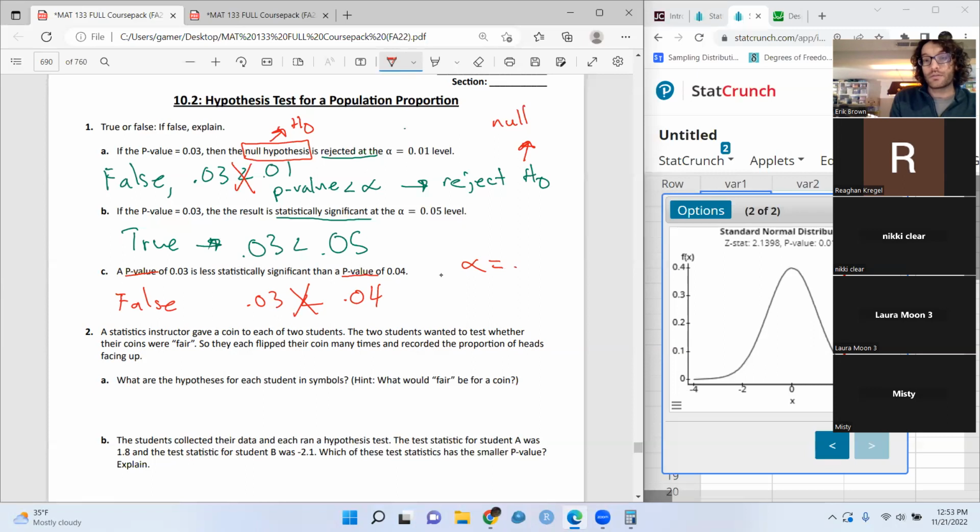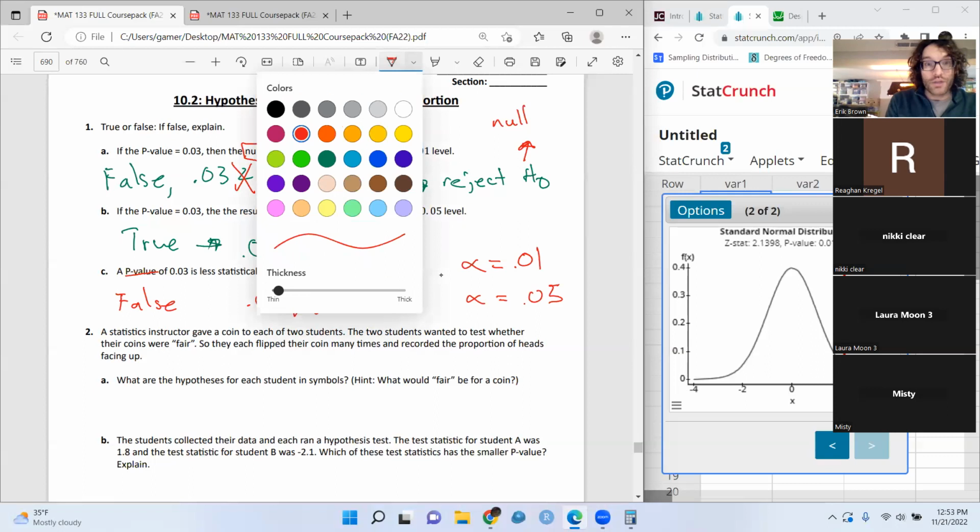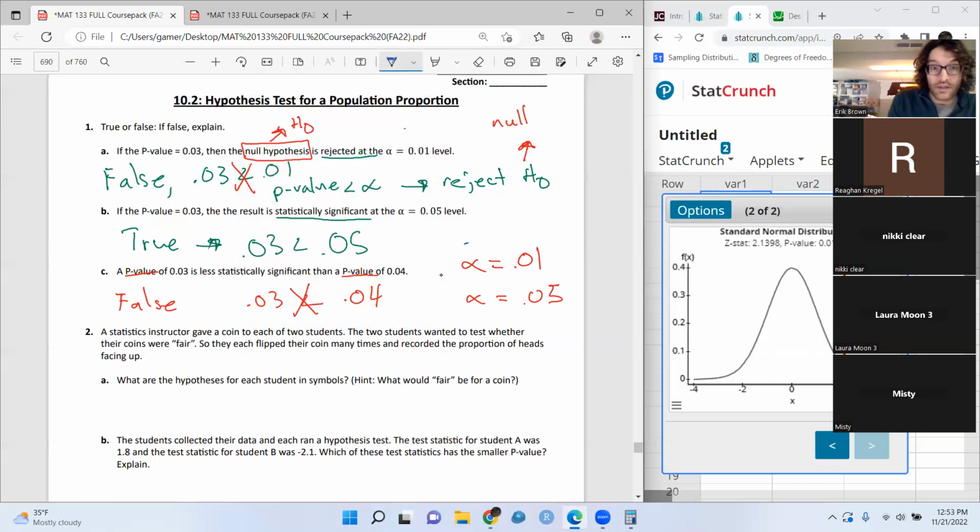Like if alpha was equal to 0.01, neither of them are significant, right? Both of them would fail to reject H0. If alpha is 0.05, then they're both statistically significant. What we're being asked here is which one is more statistically significant. But the statement is that the smaller one is less than the larger one, which is not true at all. Maybe we should say smaller p-values are more significant.